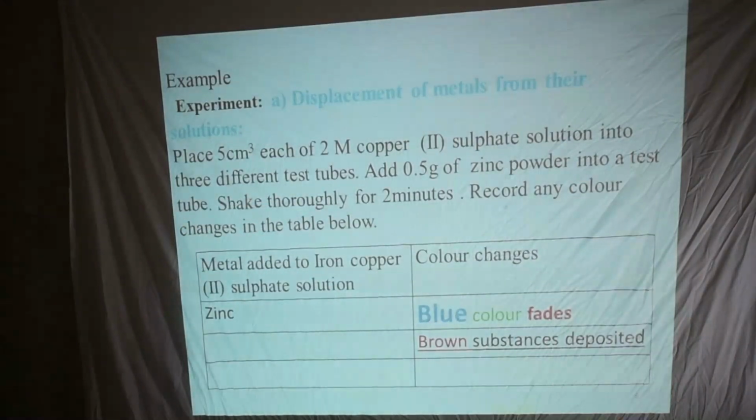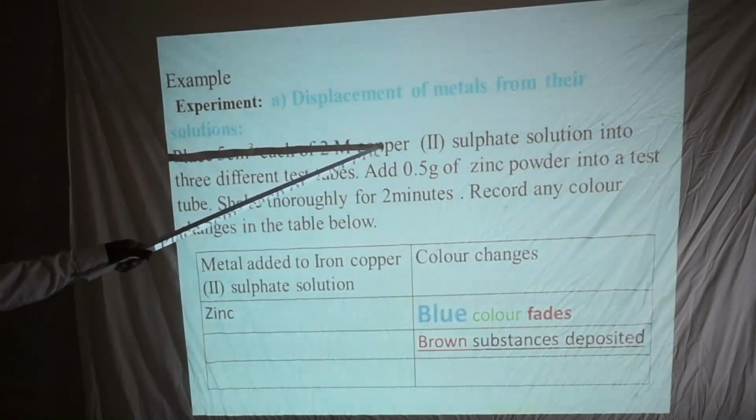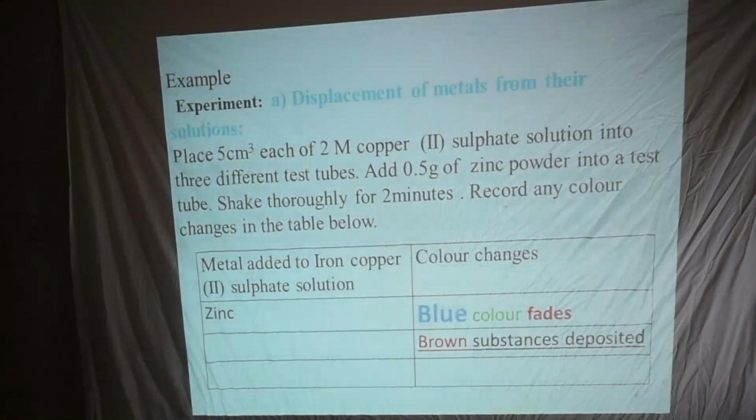You will find that when the zinc is added, the blue color of the solution, which is copper(II) sulfate, starts to fade away. So that means the blue color disappears. And what is the resulting solution? The resulting solution is colorless.